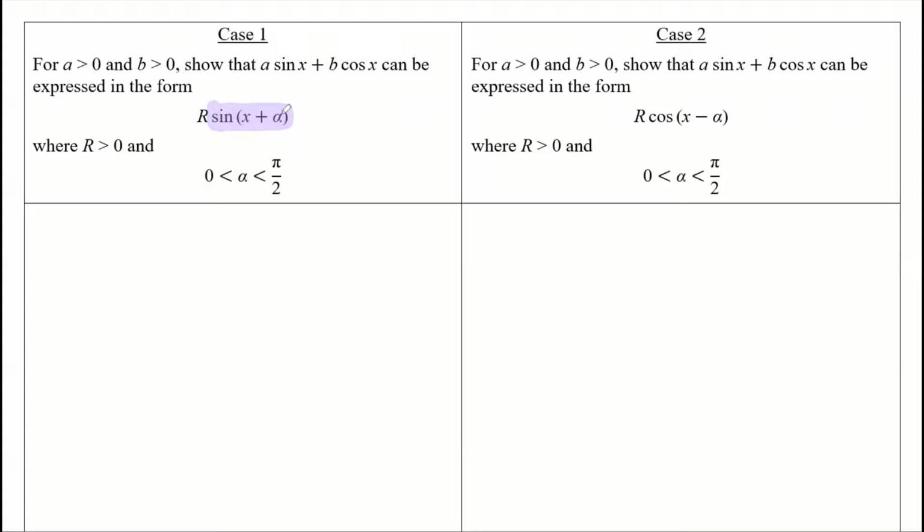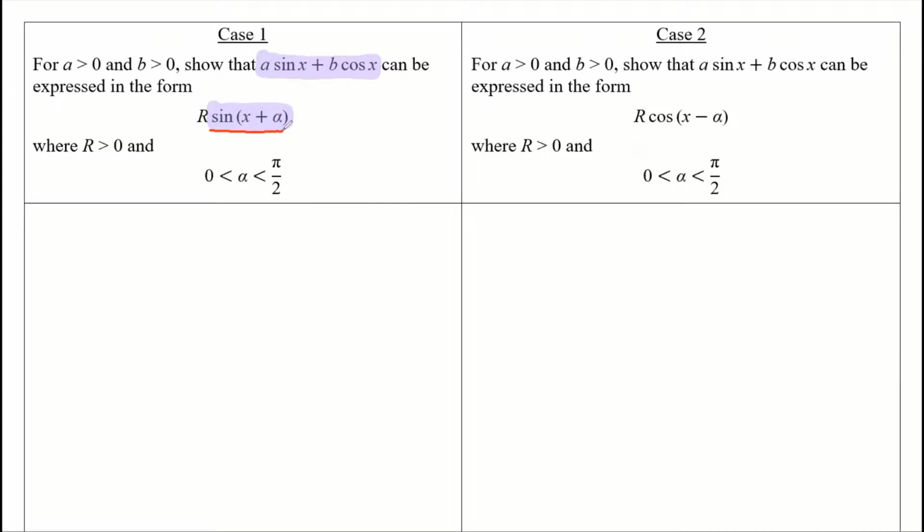So how are these 2 things related? Well, we can find out by breaking apart the sine of x plus alpha inside the bracket. We can break this apart here using an identity, and then we can equate coefficients, and we can see hopefully how these 2 ideas are linked.